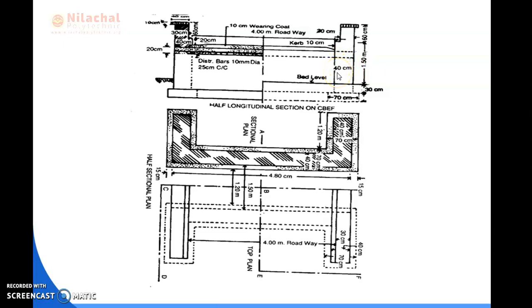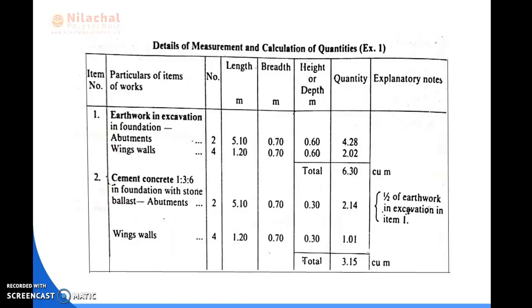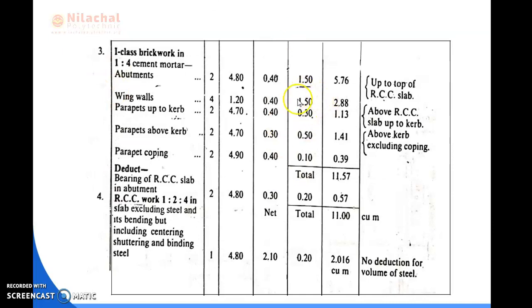As already told, in the case of wing wall and abutment, we consider the height from the bottom of the brickwork to the end point of the slab. The same amount we consider for the wing wall height, because the ground position is the same for abutment and wing wall. So the height is also 1.50 meter.